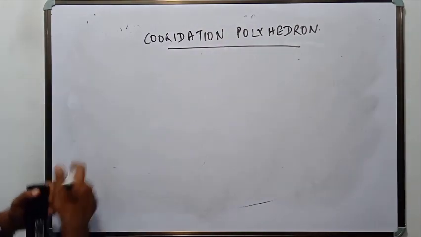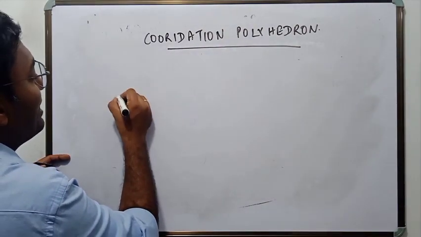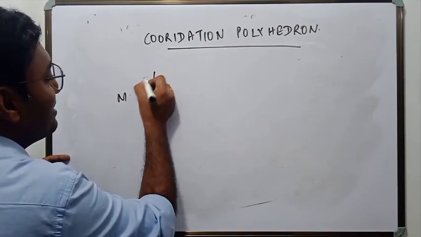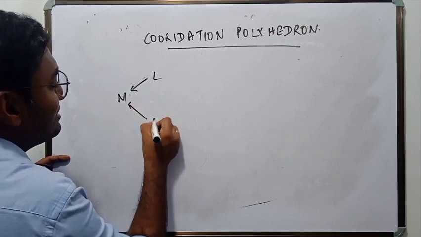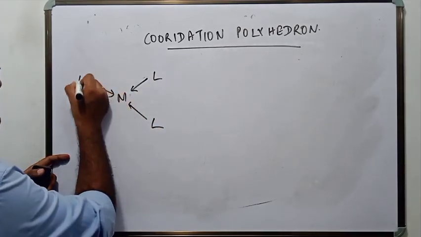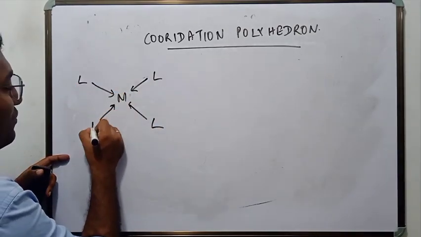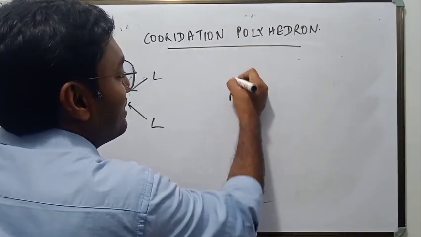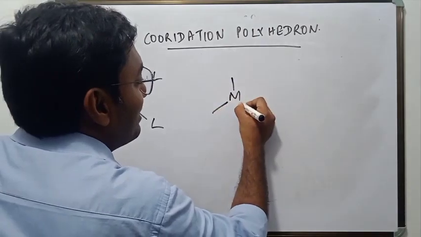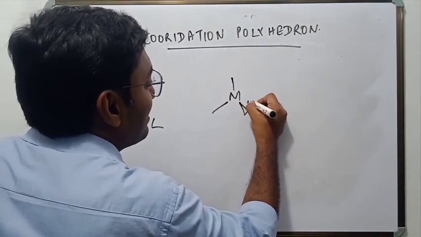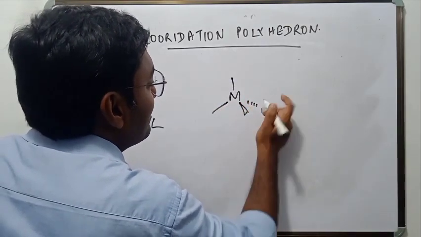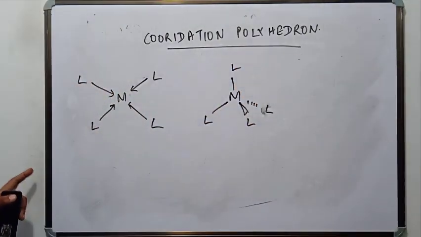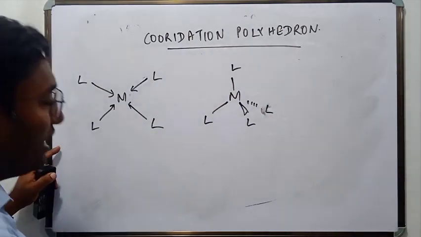So we have the square polyhedron, which would look like this. This is the square polyhedron structure of a coordinate covalent compound. We have the tetrahedral structure, which would look like this. And we have the square pyramidal structure also.